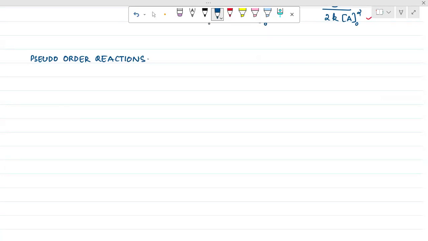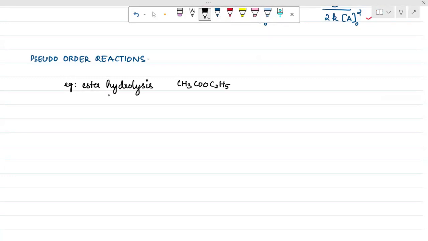Pseudo-order reactions means, we'll explain it with an example. Let's say that you are studying the ester hydrolysis. Any reference book that you take, this will be the first example that you have. That is CH3COOC2H5.